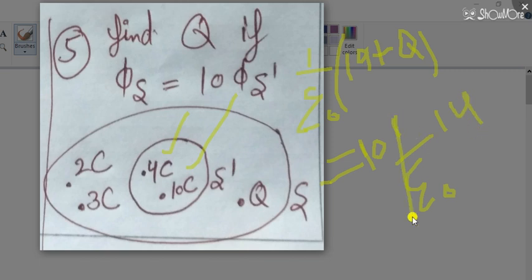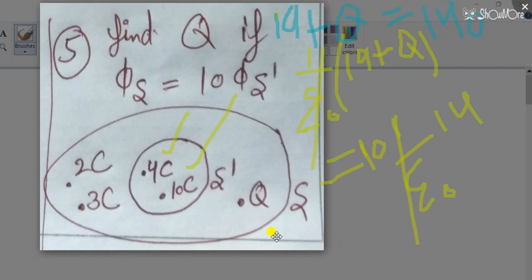So this epsilon naught gets cancelled, and 19 plus q is equal to 140.